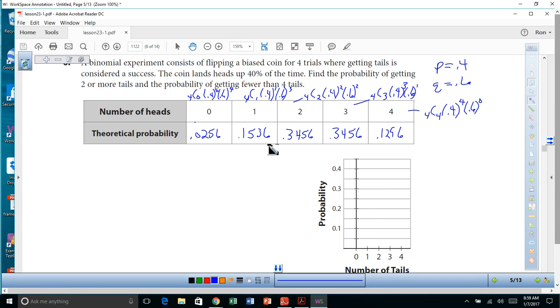So let's look at this. This is 0.0256. So that's maybe half of that right there. 1 is 0.15, so that's going to be just above that. And that's slightly off. 2 is going to be 0.3456. That's just under.